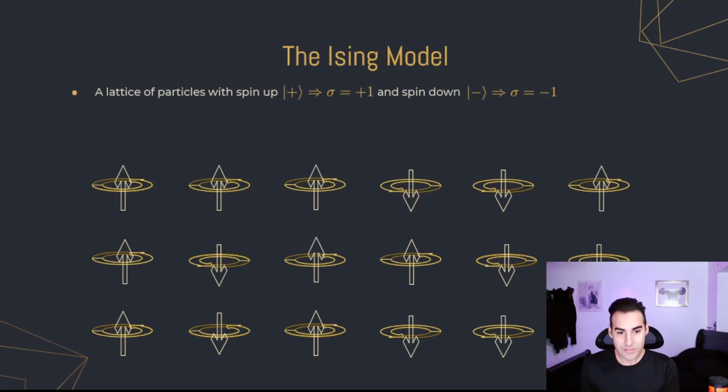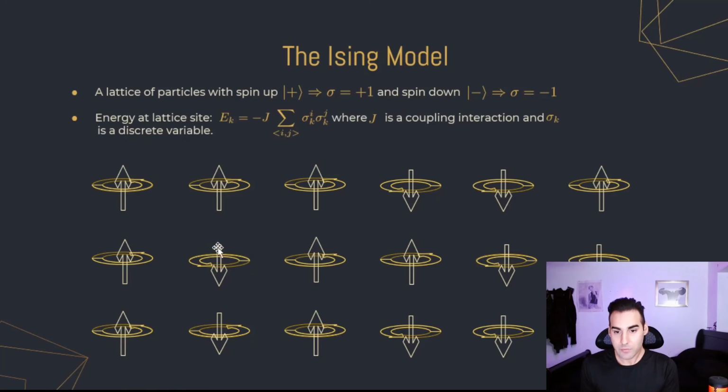So, we can calculate for each individual particle the energy associated with the spin configuration with this equation here, where J is a coupling interaction and sigma sub k is a discrete variable that we assign either +1 to if it's spin up, or -1 if it's spin down.